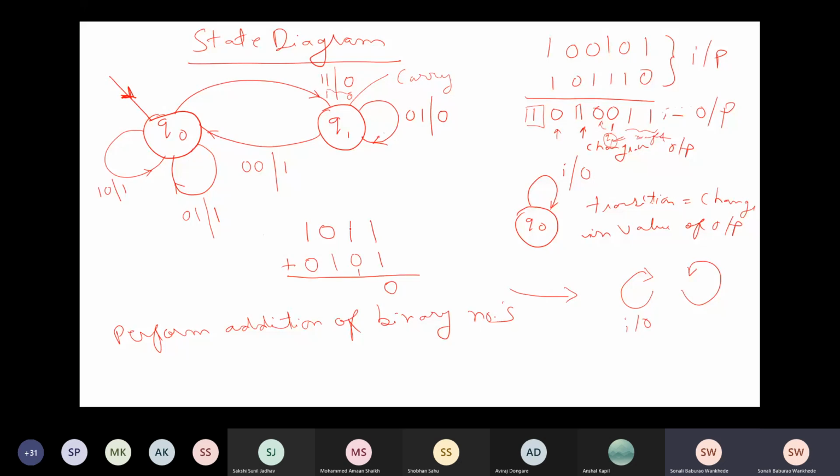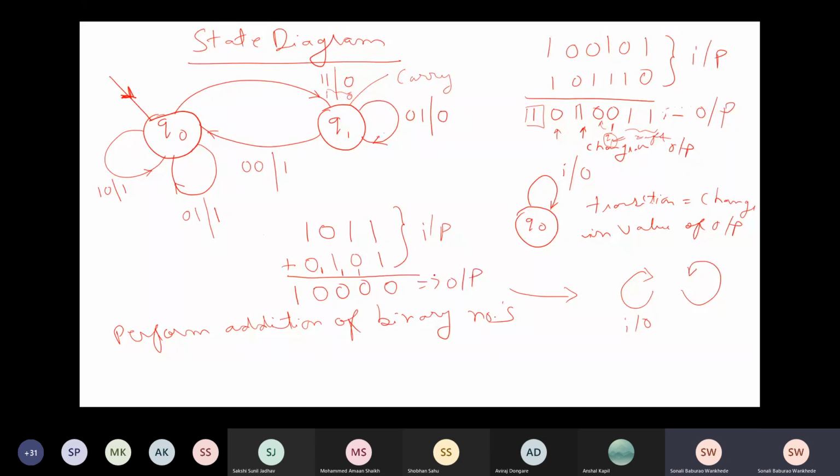Then again 1 plus 0 plus 1 gives zero, carry one. Again zero, carry one. Then 0 plus 1 plus the carry gives 0, carry 1. This is your answer. And what are my inputs? These two are my inputs and my output is this.